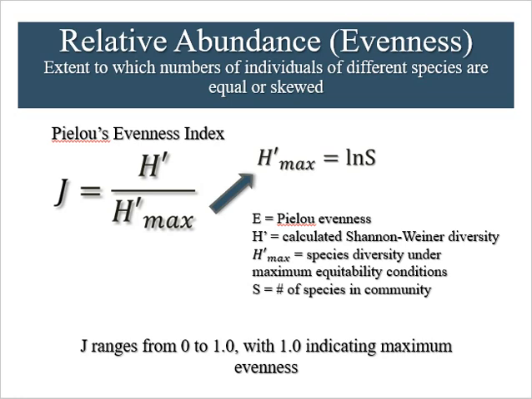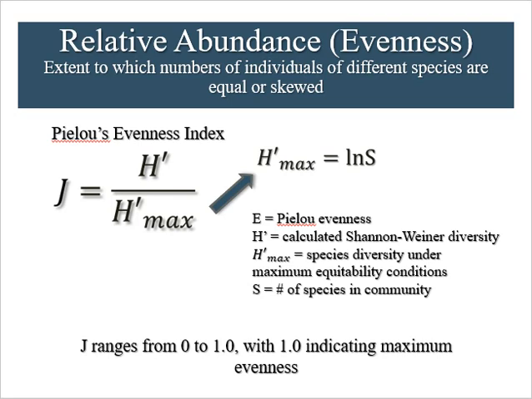Again, that plays into this understanding of evenness. In communities, if species have more similar abundances with one another, you have greater evenness in that community.